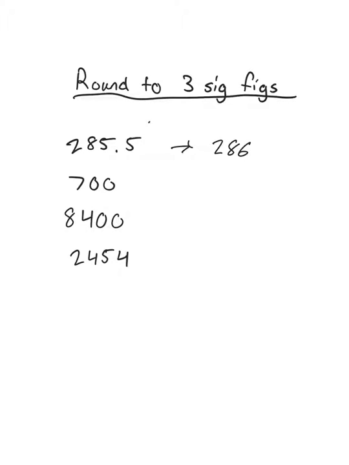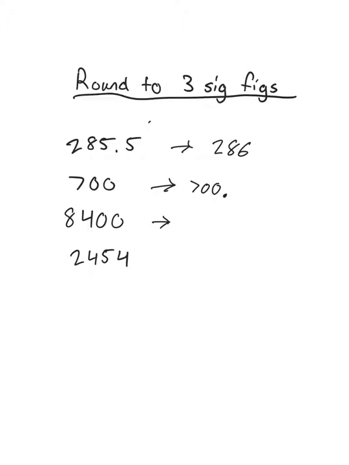Right here in the beginning was 4. Right here, let's make 700 into 3 sig figs. So 700 is 1 sig fig normally, but we're just going to make it 3 sig figs. So how we can do that is we could do 700 decimal point. So with this decimal point, it's making sure that all the trailing zeros do count.